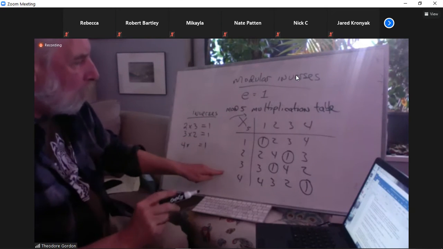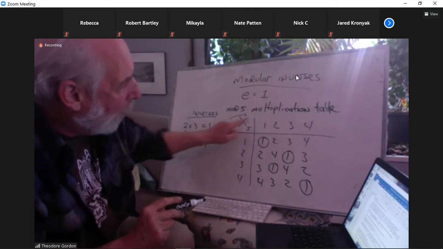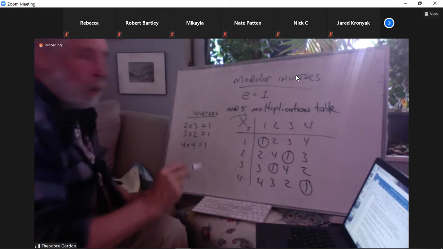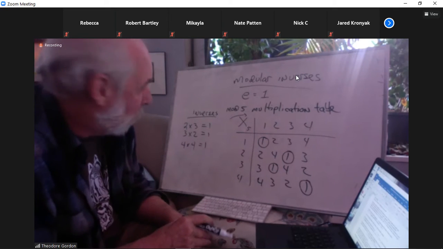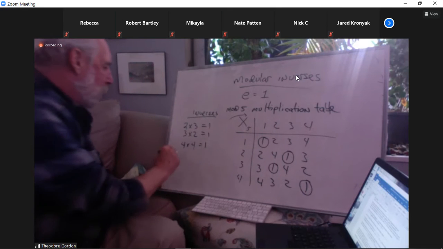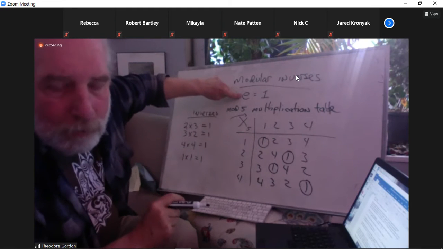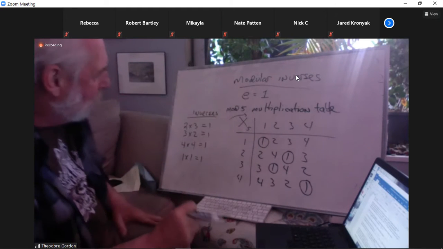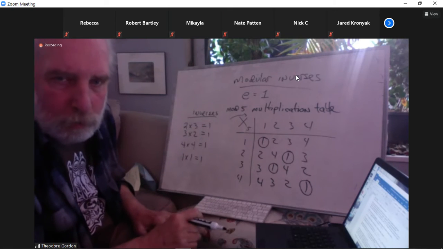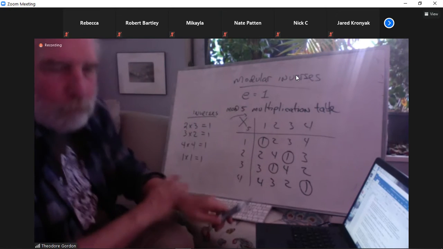For 4, you look over here, 4 is its own inverse. 4 times 4 is 16, which is 1 mod 5. Also, E times E is always E because it's the identity. So these are the inverses in mod 5. That's how it works. It's whatever you multiply that takes you back to the number 1.